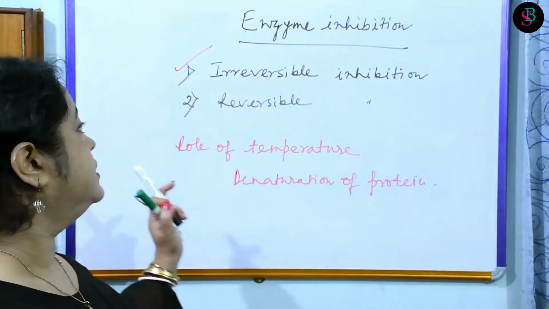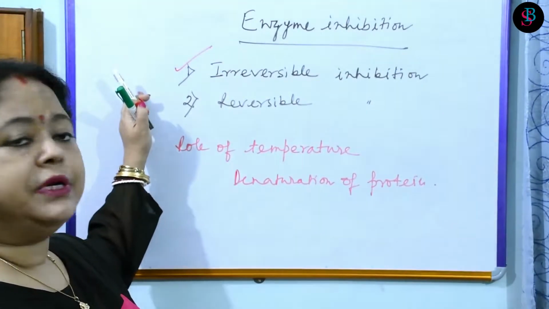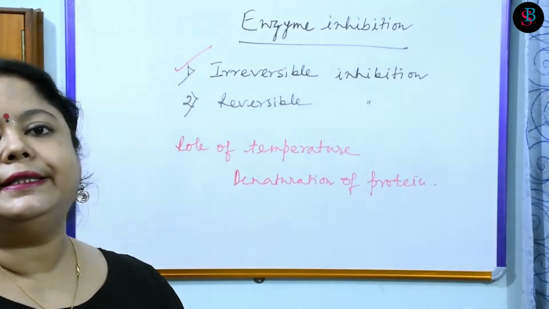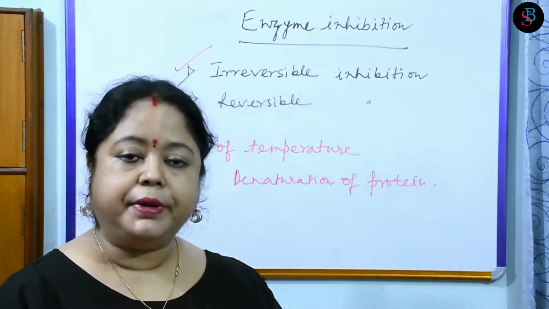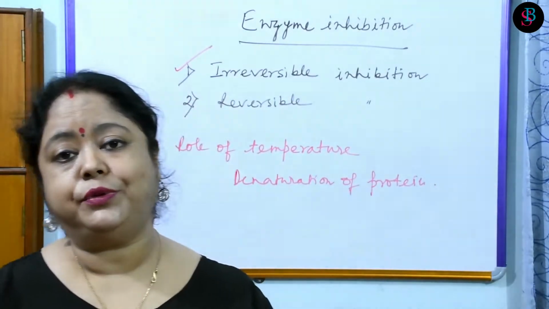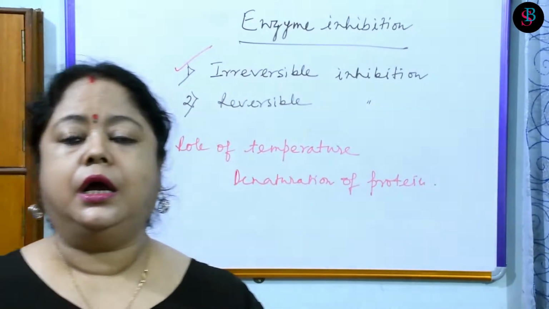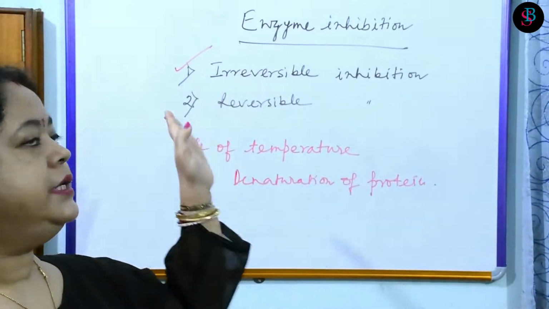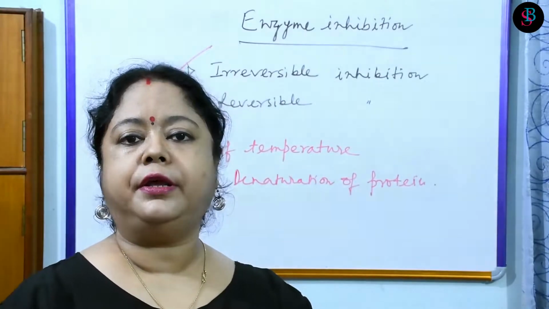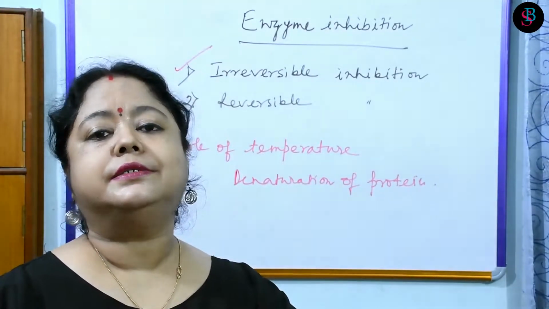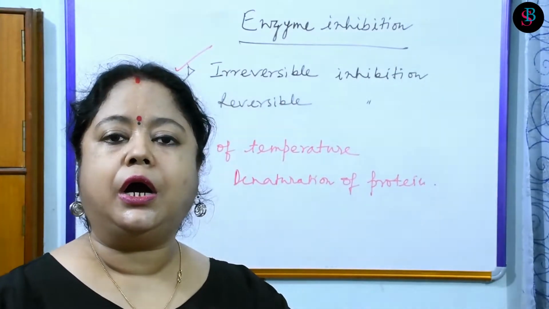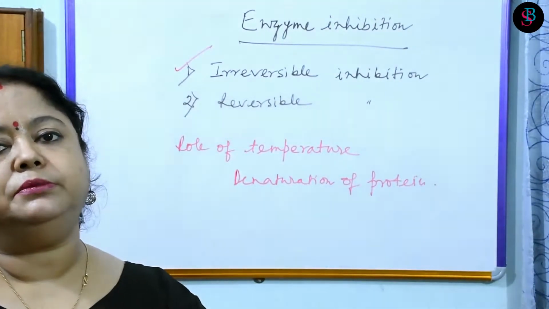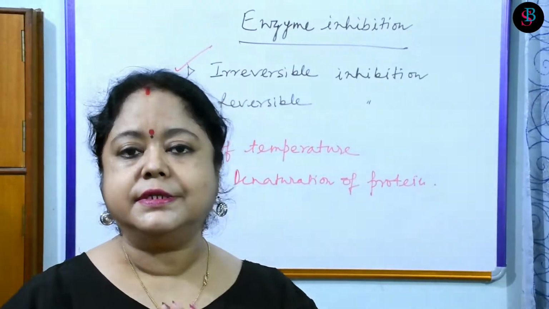So this one is mostly an effective inhibitor. And reversible inhibition is also a very important one, because you will come to know that potassium cyanide action is also included in this. It's very harmful also, but sometimes it can be restored. How it can be, and how the function is inhibited, I am discussing now.